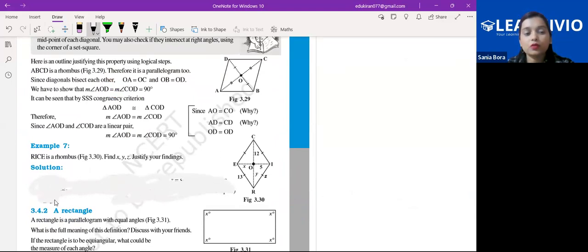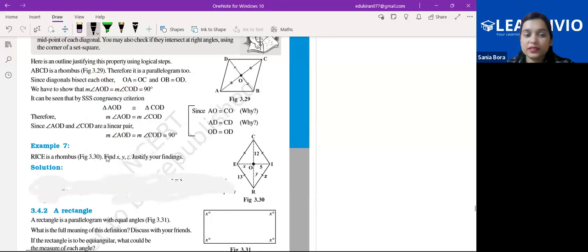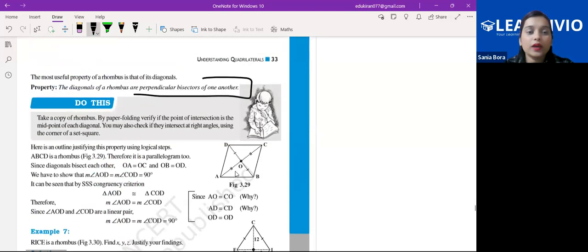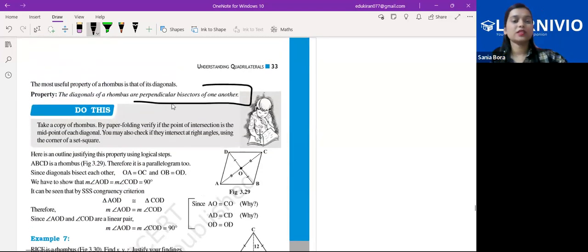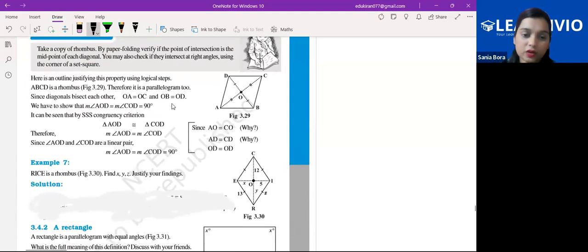Do this one first, everybody. You have to find x, y, z. This line is x, this line is z, and this is y. The property is that the diagonals of a rhombus are perpendicular bisectors of one another. So use it in the question accordingly.